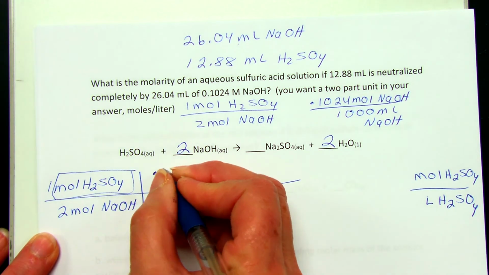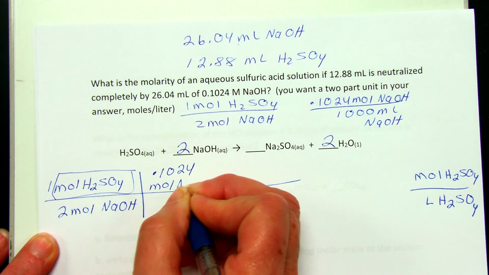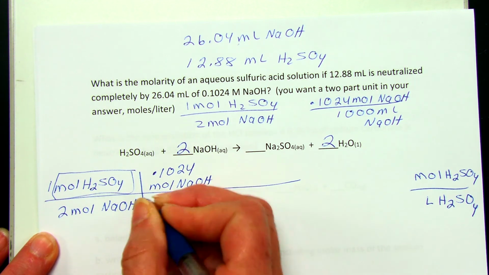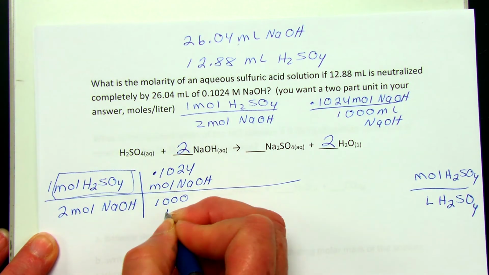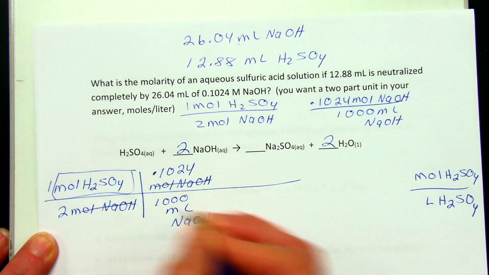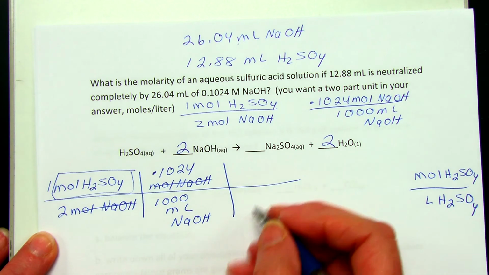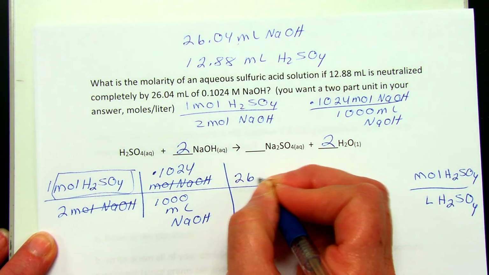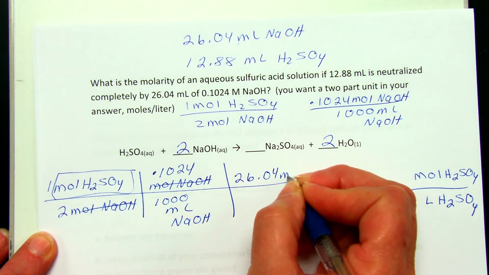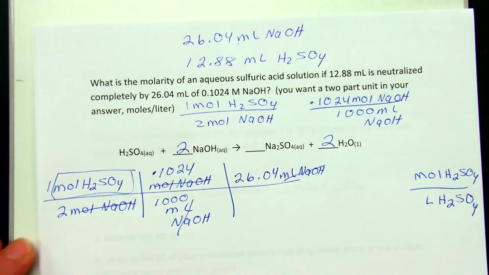I have 0.1024 moles of sodium hydroxide, so that'll cancel that, per 1,000 mils of sodium hydroxide. So now moles cancels. Now I want to cancel my milliliters of sodium hydroxide, 26.04 milliliters of sodium hydroxide. So now that cancels.